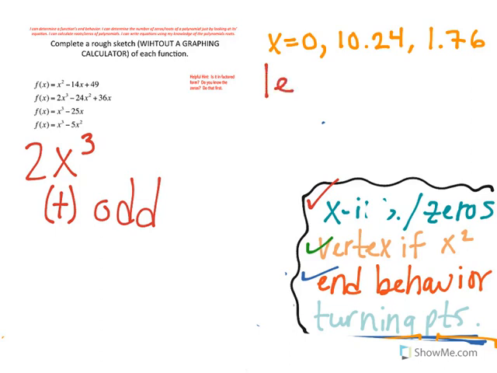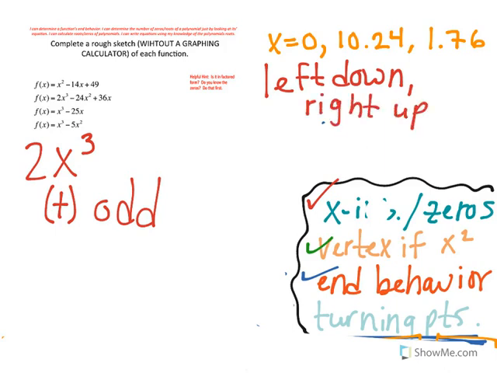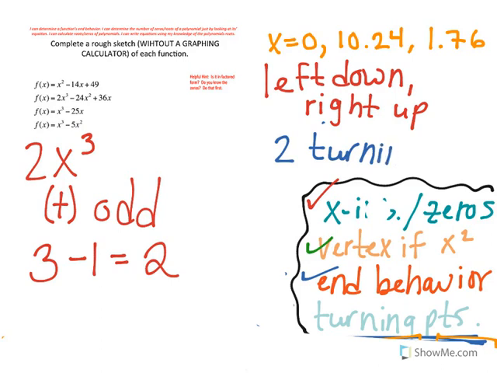When you have a positive odd function, the left hand is down and the right hand is up. Okay. The last thing we need is the turning points. The turning points, I take the highest power for this function is 3, subtract 1, and I should have 2 turning points. So my sketch of my graph is going to change direction twice.